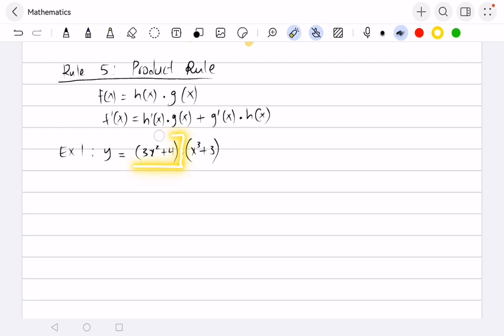This one we can treat as our h of x, and this one as our g of x. So what does the rule state? The rule states that dy over dx is the derivative of the first one, which is h of x. You're going to derive this one, then multiply it with this one. That's the first step that you have to do.